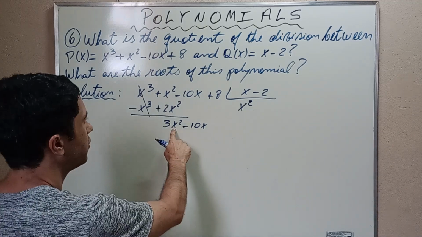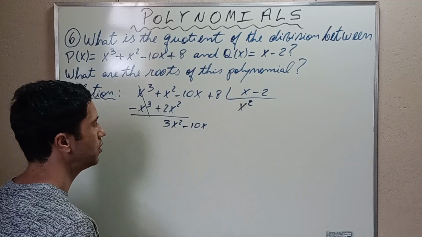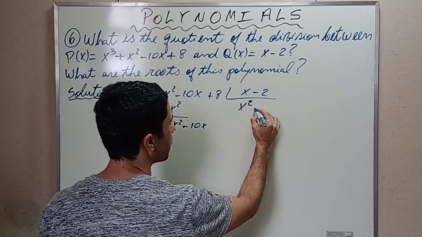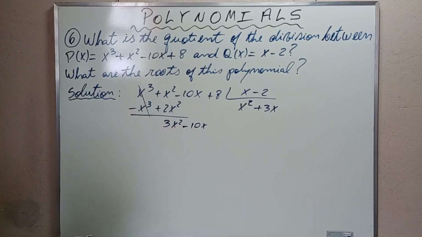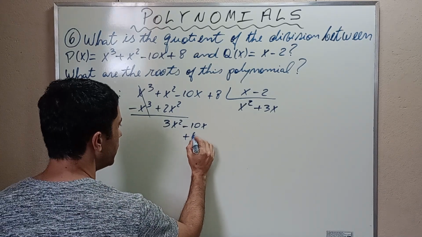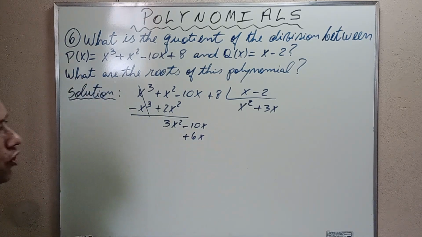3x squared divided by x is 3x. 3x times negative 2 is negative 6x. Pass to this side, positive 6x. 3x times x is 3x squared.